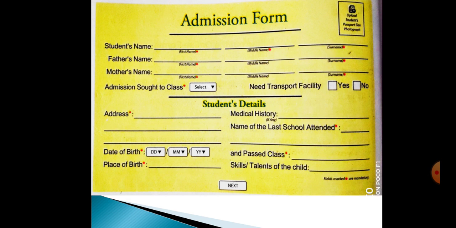In this form, you write your name, student's name, your first name, middle name, and surname. Then, after, write your father's name, father's first name, middle name, and surname.